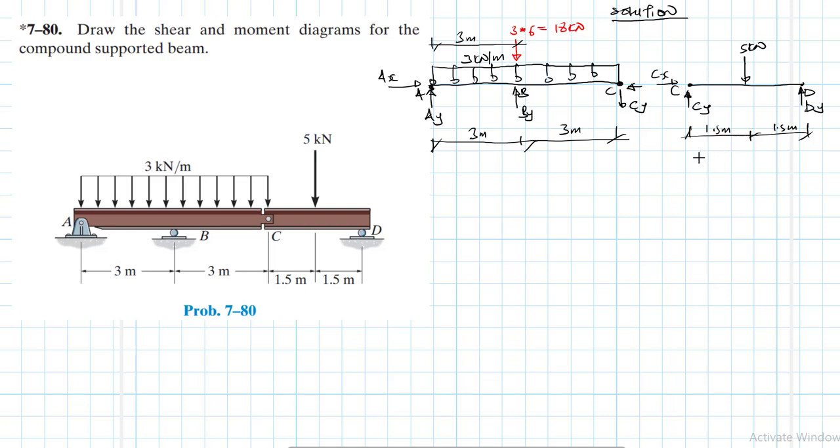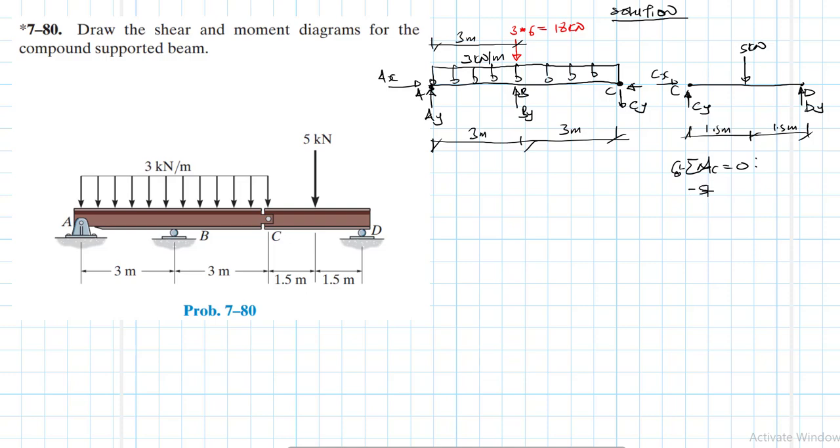Summation of moments about point C equal to 0, with clockwise being our reference. We already know the solution there. This is simply supported with a concentrated load at the midspan.